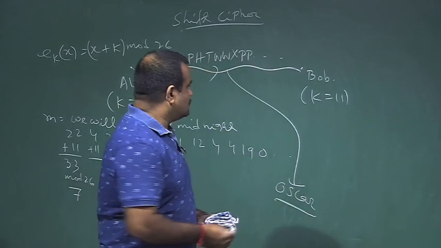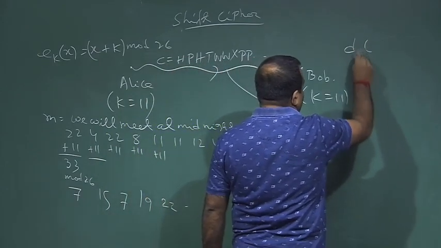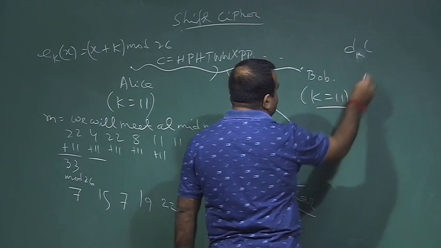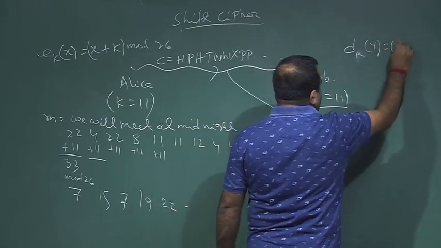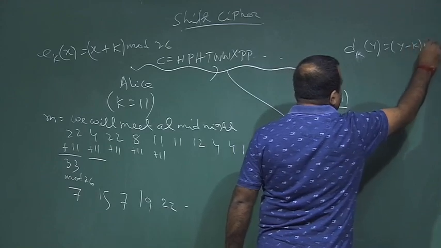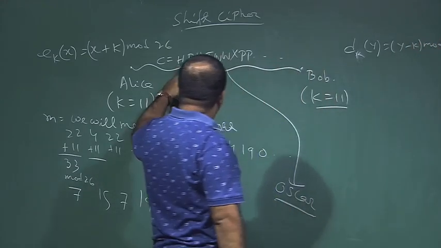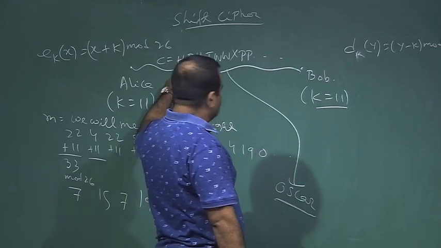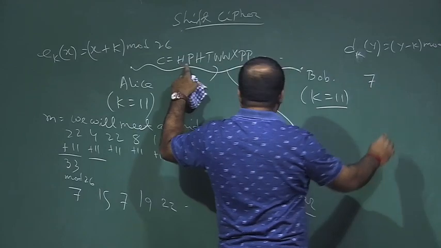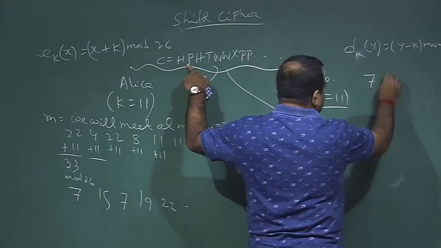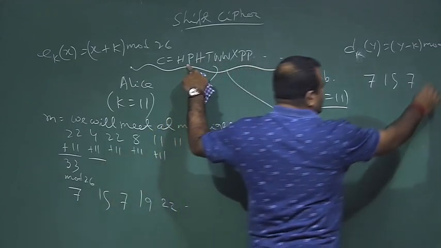So, decryption was like this: dk of y, so Bob has to use the same key, dk of y equals y minus k mod 26. So, Bob will just convert H to 7, then P is basically 15, 7, and then 19, like this.